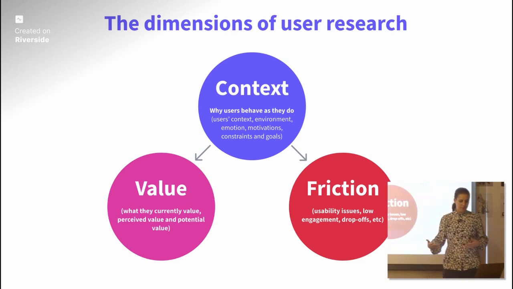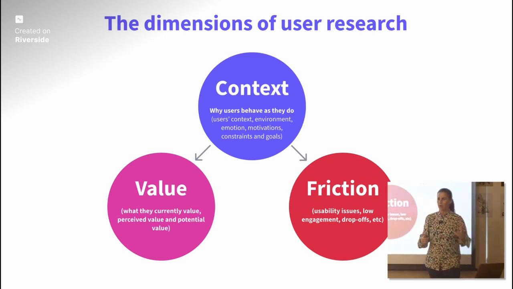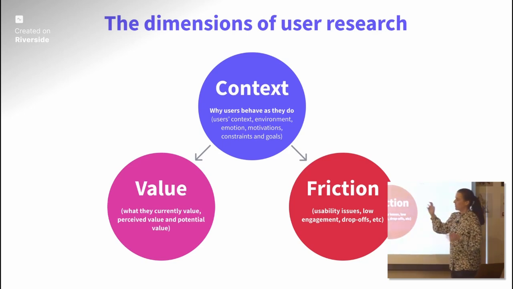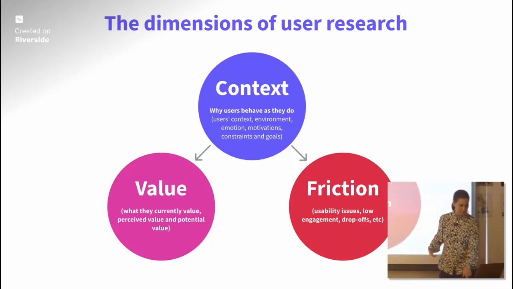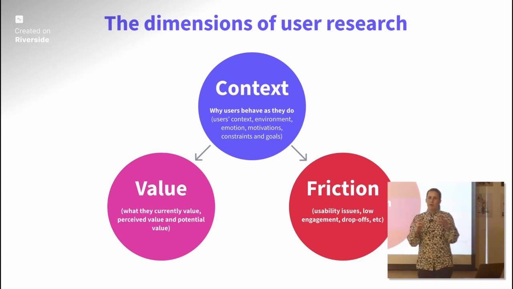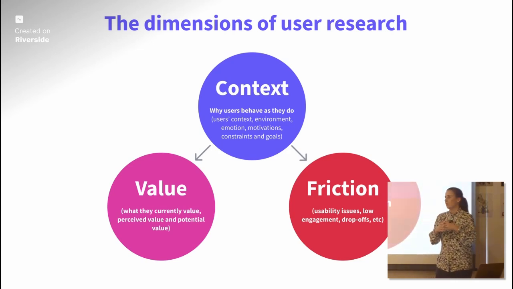And to identify friction, you might be conducting usability tests, or user interviews, or looking at your analytics data, or tree testing, and so on. There are tons of methods that you might be using, but just roughly, you might be looking at these different research methods.